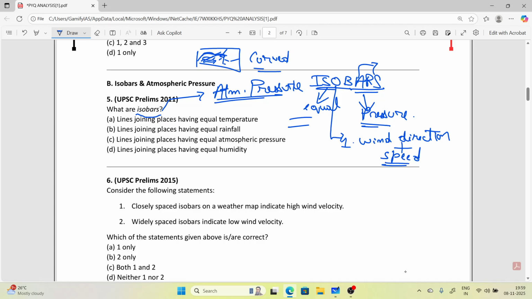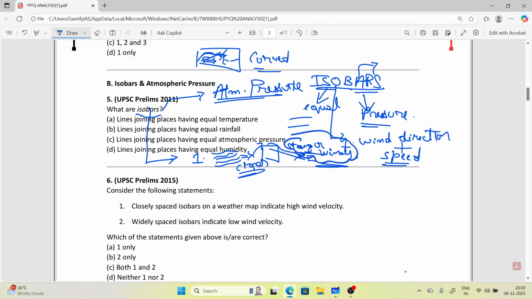Let us see some characteristic features of these isobars. If the isobars are very close, it means there is a very high pressure difference. At one place there is too much pressure, at another too little.